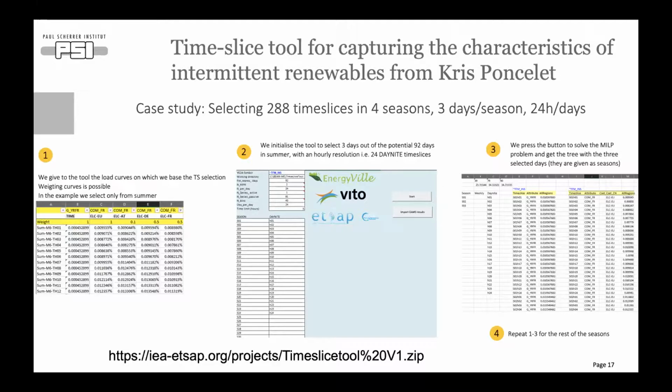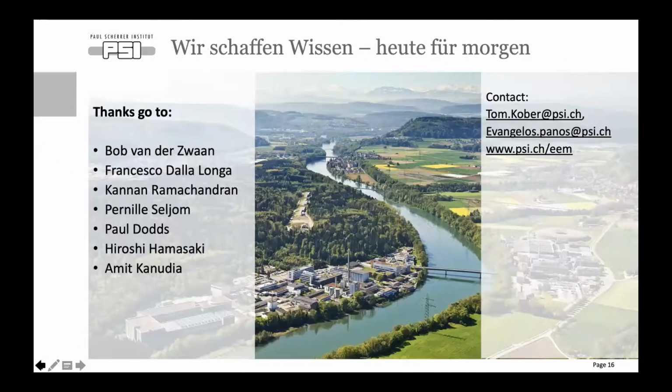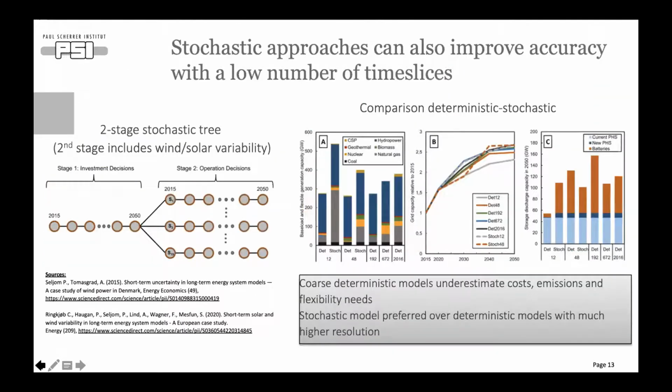Yeah. There's a question on the chat from Antonio. How did the computational load increase with the application of stochastic approaches? And how different was it from using non-symmetric time slices computationally? I think for that I will point you to these papers from Pernil.